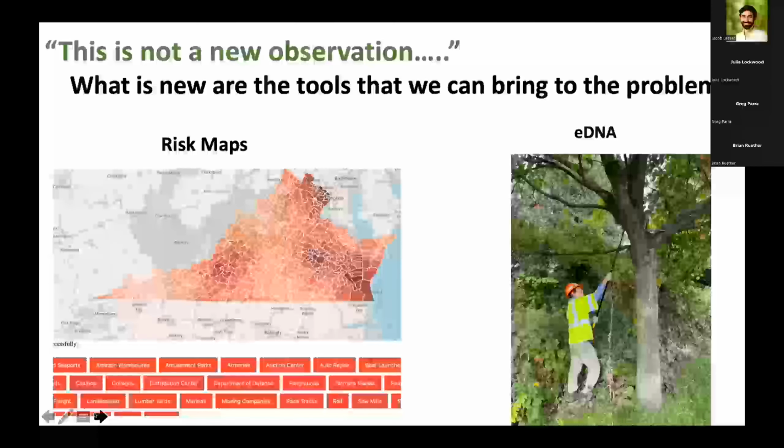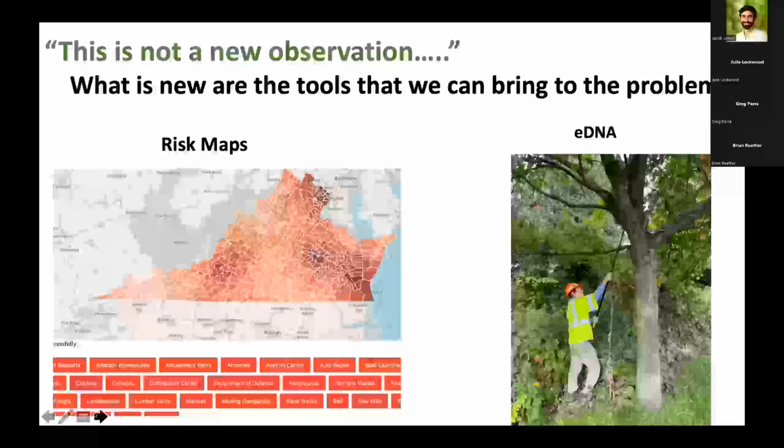I just did a screenshot of one of his apps. This is a pathway risk map for Virginia, which shows hotspots of where you would expect, through these human-mediated transport mechanisms, that's where you should go and survey.